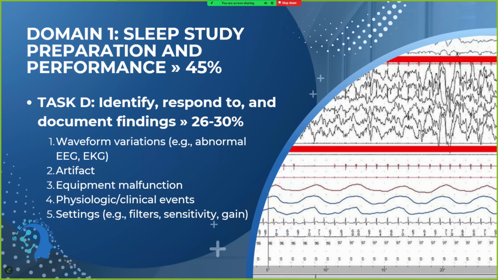Setting filters, sensitivity: to make this wave better, you have to know how to fix different settings. Those are called filters, sensitivity, gain, and you will study that too. So 26 to 30% of the questions will come from this part.